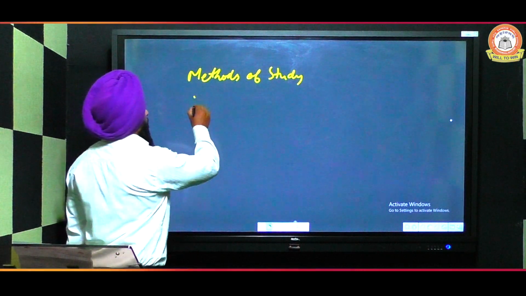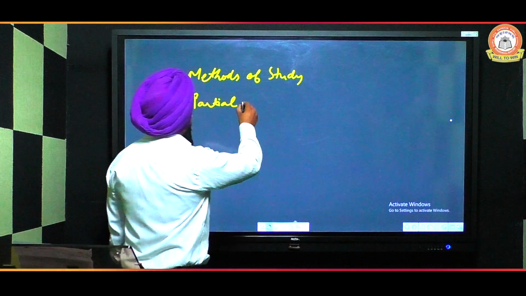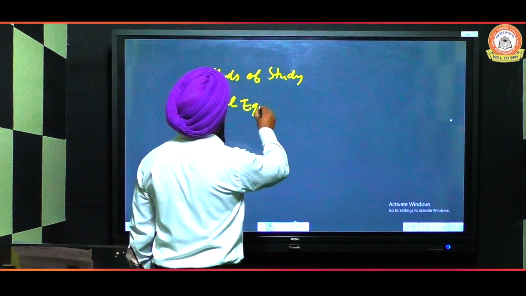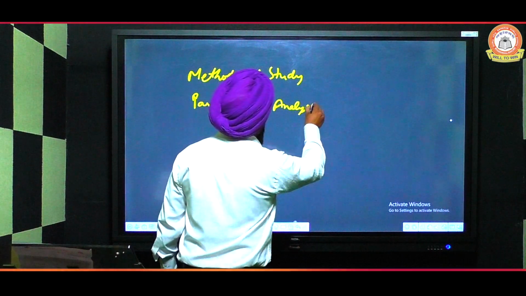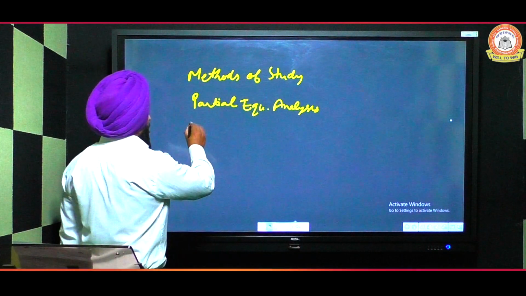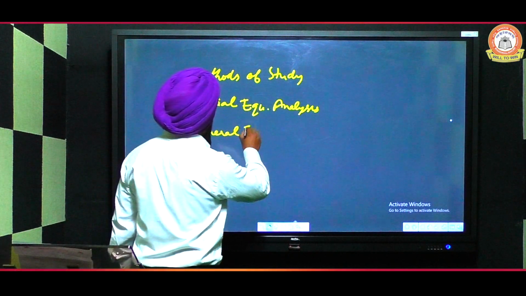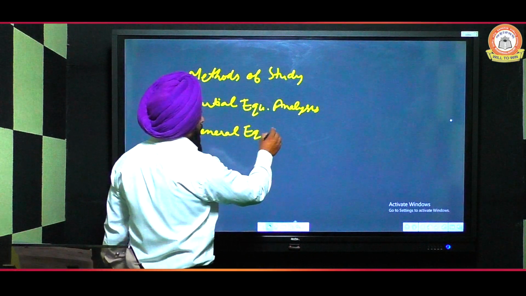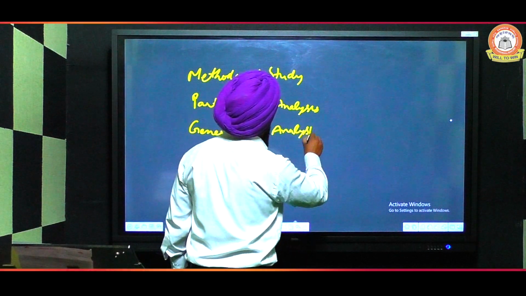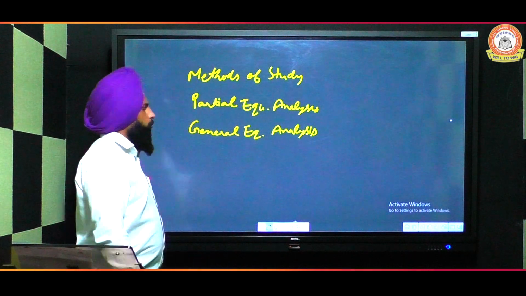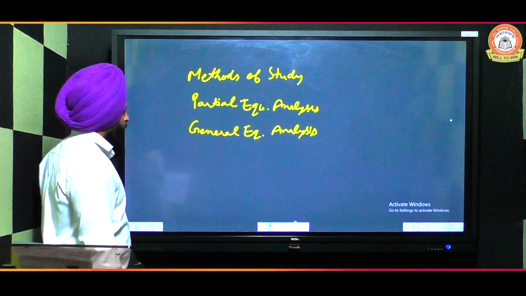First is the partial equilibrium analysis method. Then we have the general equilibrium analysis method. These two methods are used to study economics.